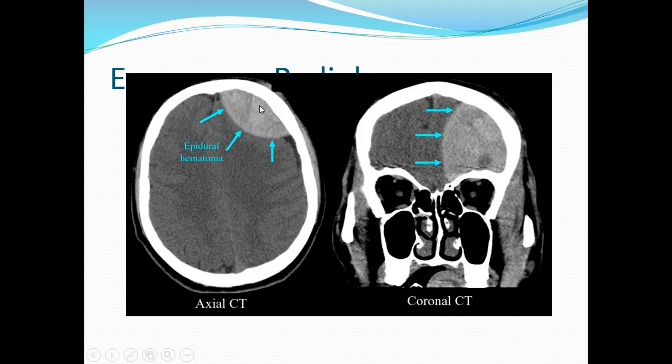And if this is not done, then the herniation will continue and patient will die. So this is very important. He will put a probe and he will suck out this blood and put some swab and compress it basically, and the bleeder stops. So this is a life-saving procedure, and the lucid interval is here.